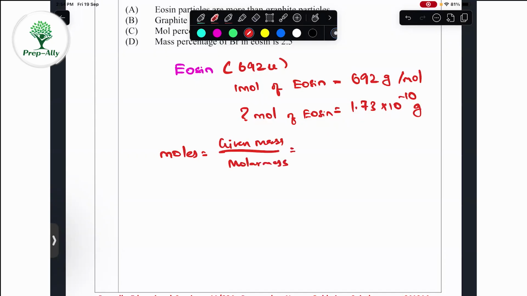So given mass is 1.73 into 10 power minus 10 divided by 692 gram per mole. So gram gets cancelled. The final answer you will get is 0.25 into 10 power minus 12.